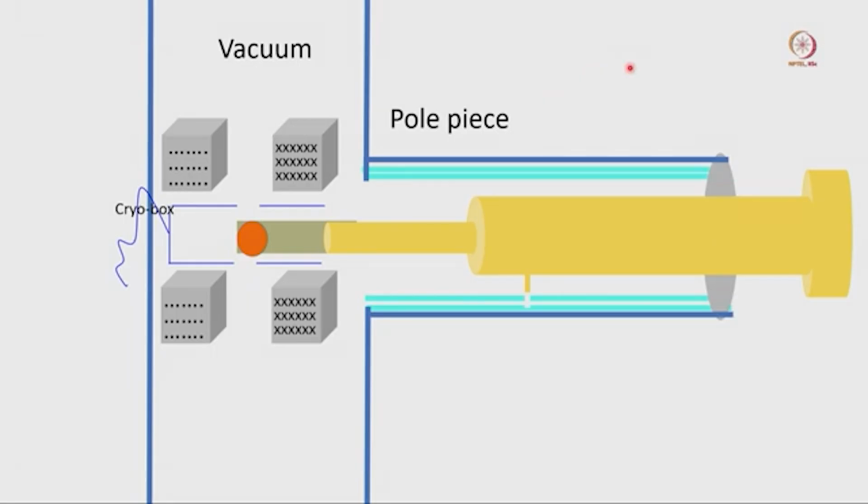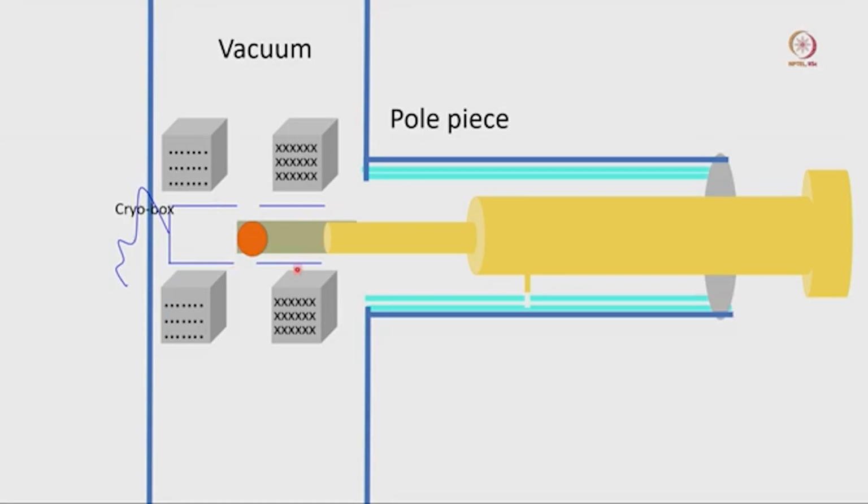Also, one important point is that there will be a cryo box nearby, and the cryo box will be connected with multiple copper wires like this, which will be embedded in a liquid nitrogen dewar somewhere here, which will maintain the temperature of this cryo box. If the cryo box temperature is maintained at minus 180 to minus 190, the biological sample will stay stable within this cryo box.